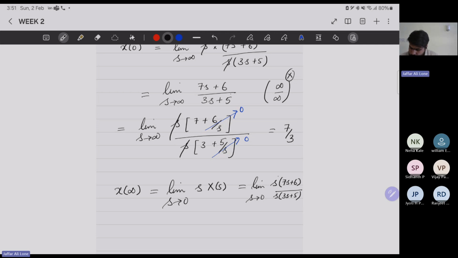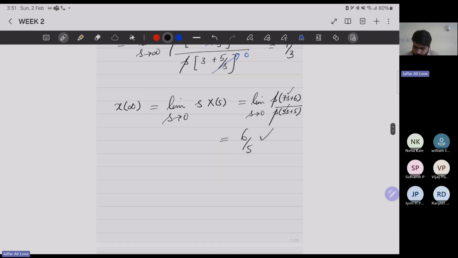Correct? So this s and this s will go. When you put 0, the 7s and 3s will also go, and you will get 6 over 5 easily.